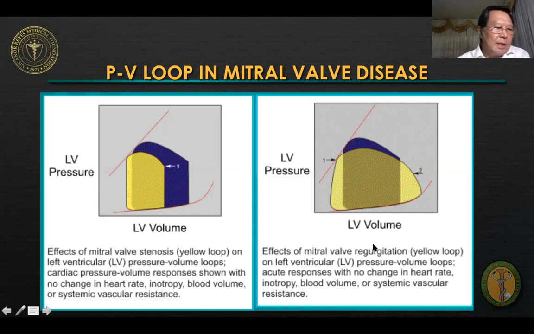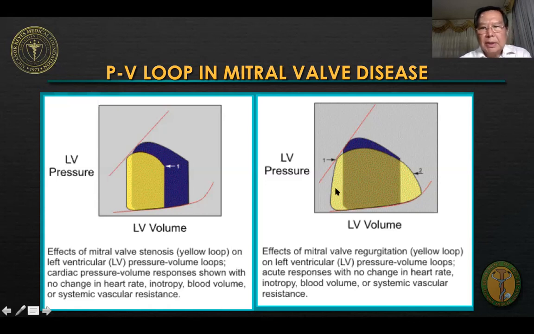And what happens here is, again, if you use this as your reference normal from here to there, that is your stroke volume. In patients with mitral regurgitation, the stroke volume is increased, right? Again, because of an increased volume inside the left ventricle, right? So then the diastolic volume, if it were normal only here, then it is increased, right?